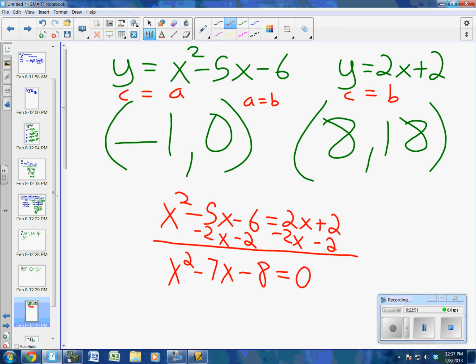Do you guys all know how to solve that? You could use the quadratic formula, but there's an easier method. It's factoring. It's factorable, isn't it? Are there two numbers you can multiply together and get negative 8 and add together and get negative 7? What two numbers? 1 and negative 8. That's right.